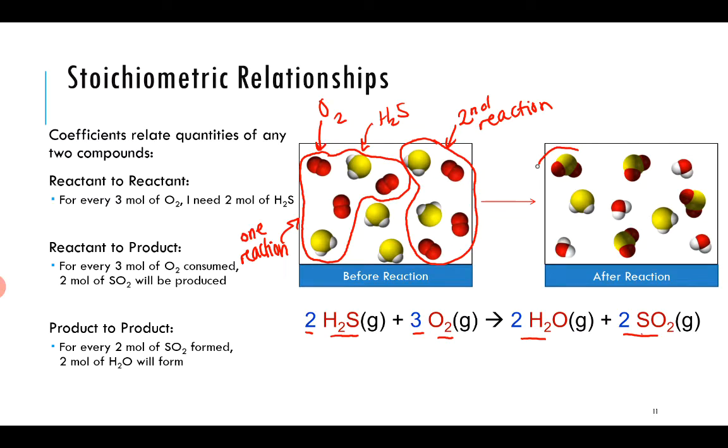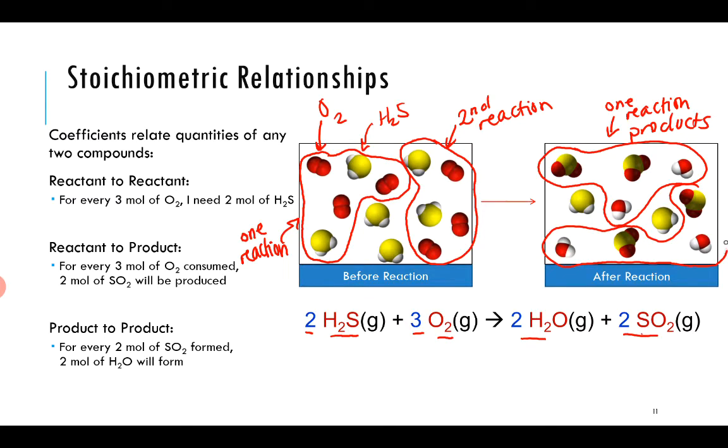And so I can circle these, and these are the products of 1 reaction. And then I can circle the remaining waters, and that's the products of another reaction.